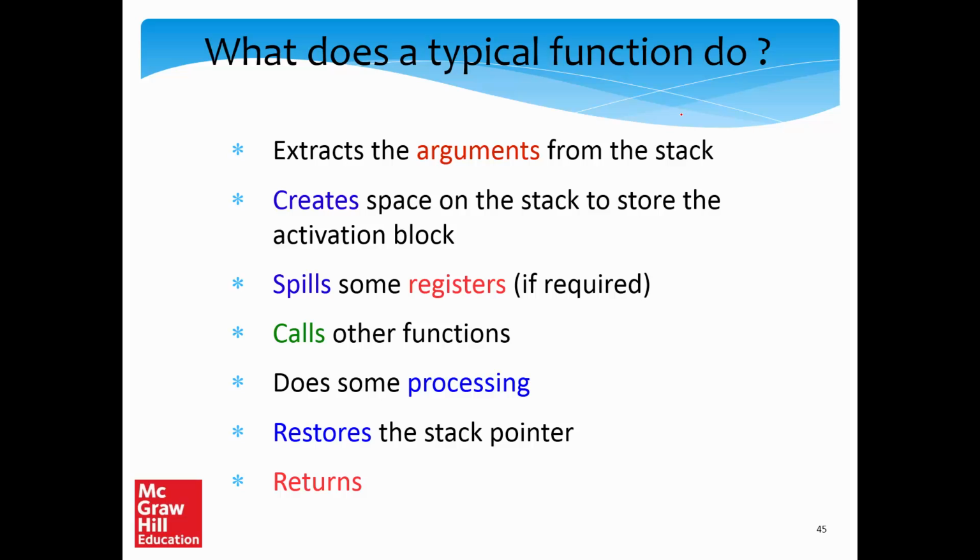It creates space on the stack to store its own activation block. It spills registers if required. There, the issue of caller saved and callee saved comes into play. It calls other functions and implements its own logic. Finally, it puts the return values either in designated places in memory or in registers. It restores the stack pointer and it returns.